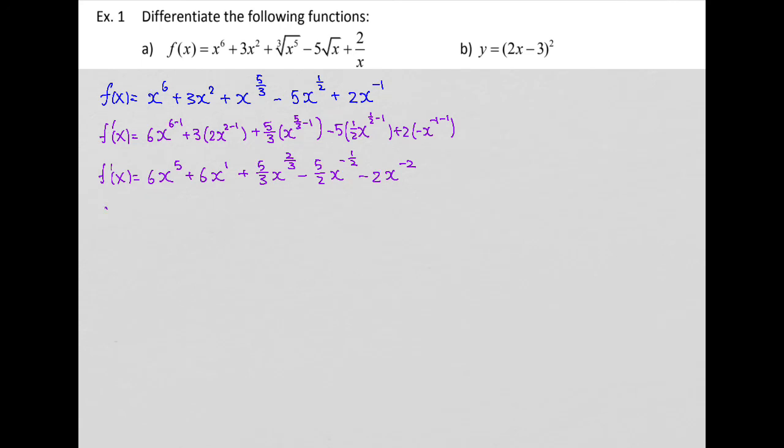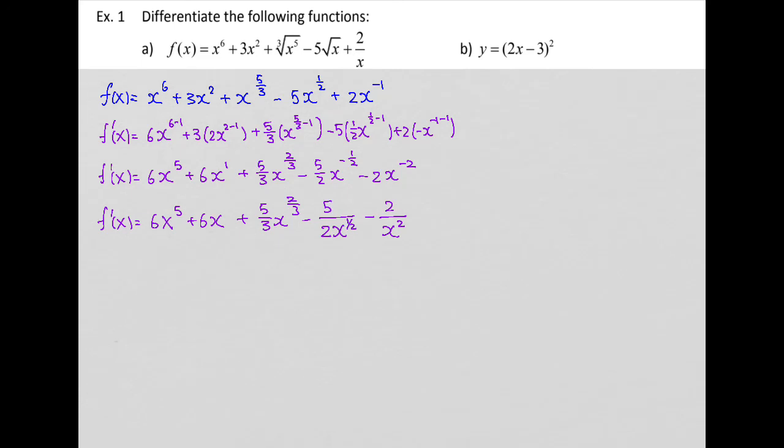Final step, we are going to remove all the negative exponents by bringing them down to the denominator. So I will have minus 5 over 2 x to the exponent 1 over 2 minus 2 over x squared. And that will be it.